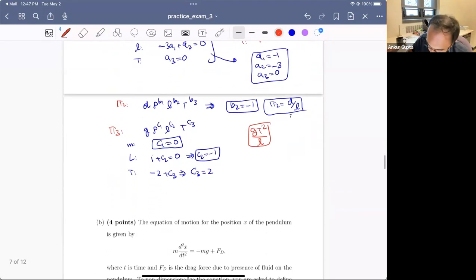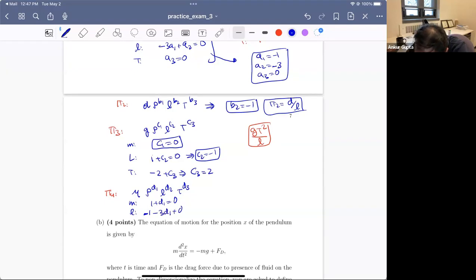Yeah, so last is pi 4. Pi 4 is the viscosity. So we have mu, then we have rho d1, L d2, T d3. And so mass is only in mu and rho. So it becomes M L minus 1 T minus 1. So 1 plus d1 is equal to 0. Then length is in quite a few of them. So we have 1 minus 1, M L minus 1, and then length cube density, minus 3d1 plus d2 is equal to 0.